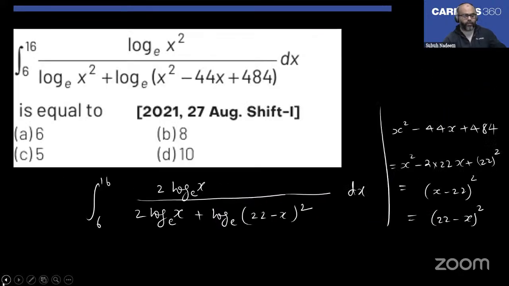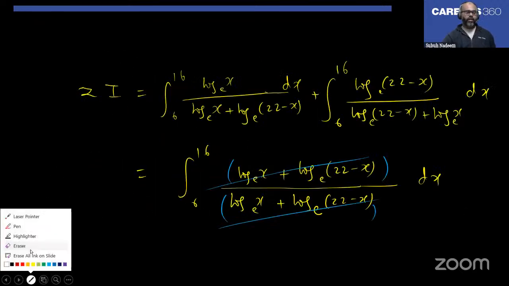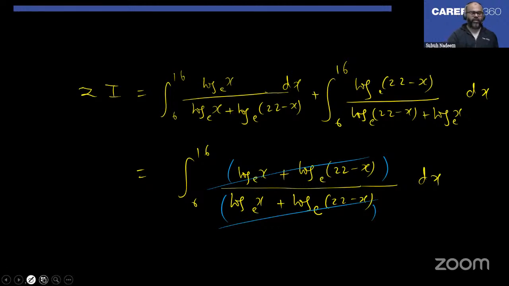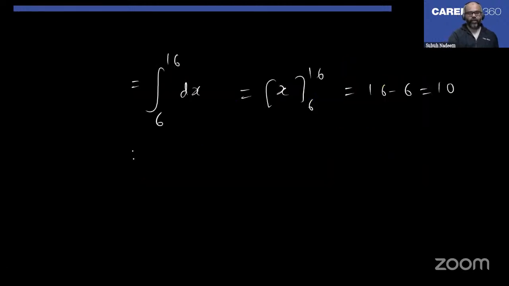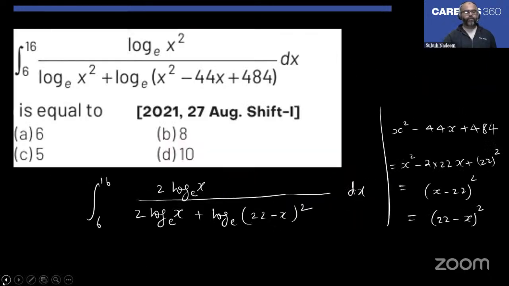So what error we have done? A small thing. This is 2I basically. So 2I is equal to 10, which means I is equal to 5. So 5 is our answer, so option C.